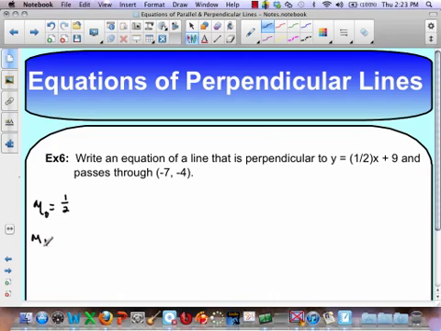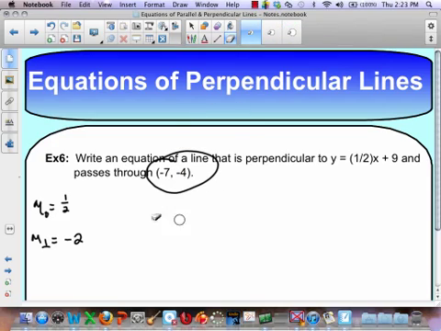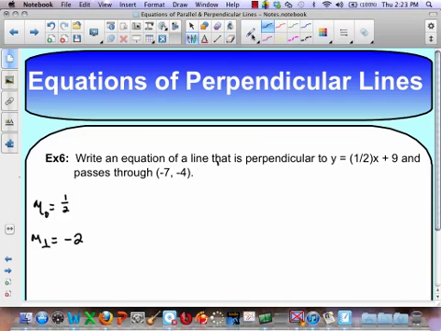So what is my perpendicular slope? -2, or -2/1, which is just -2. Okay, at what point am I trying to go through? Yeah, -7, -4, right? Right here.